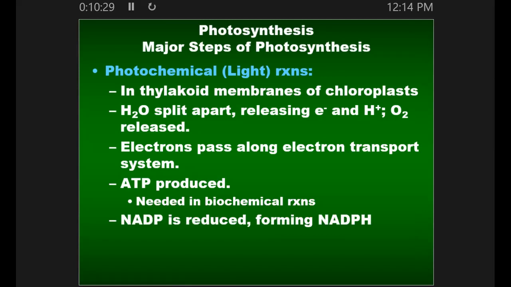NADP plus is sitting there going, I'm waiting for my electron. And when it gets that electron, it will form NADPH. And that's really good, because that is also needed in the biochemical reactions to get the Calvin cycle to run, to get your sugars.